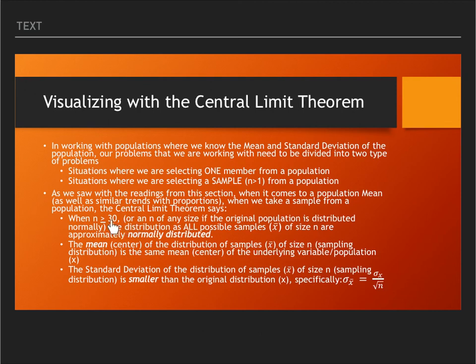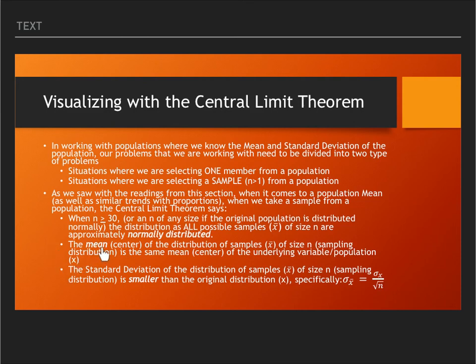If either of those two things are the case, either we're taking a sample that's larger than 30, or we know that the underlying population that we're drawing from has a normal distribution, the distribution of all possible samples, which is the distribution of our x bars of size n, are approximately normally distributed.